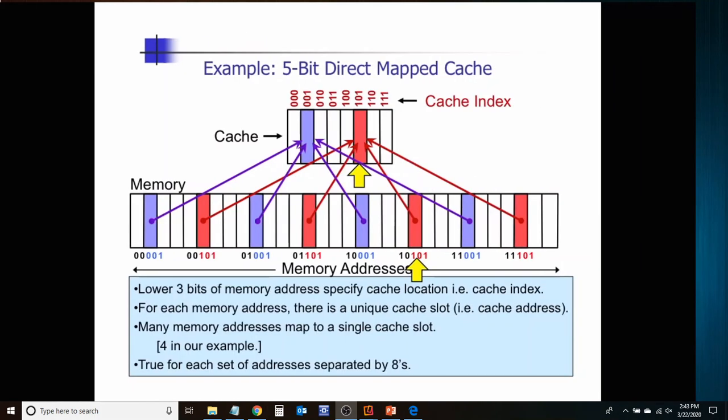Now here is the continuation of that example. On the top we have the 8 word cache. Each different word in the cache is indexed by a 3-bit sequence. We have a 32 word memory at the bottom. That's my lower level. And the lower 3 bits of the memory address are over here specifying the cache location or the cache index.